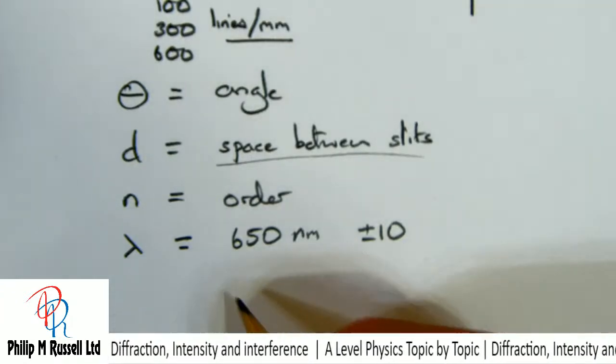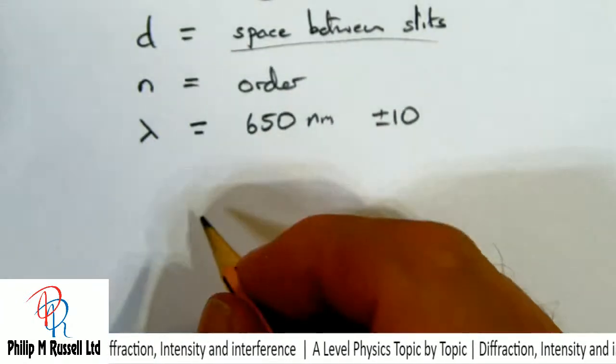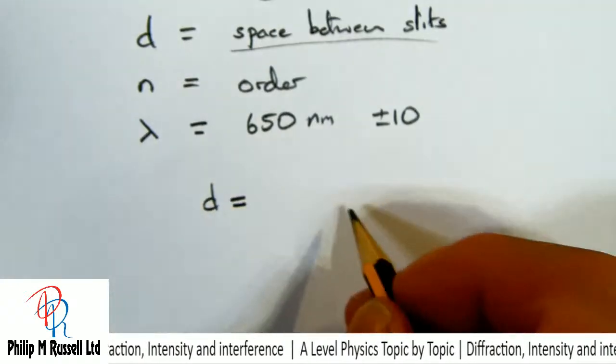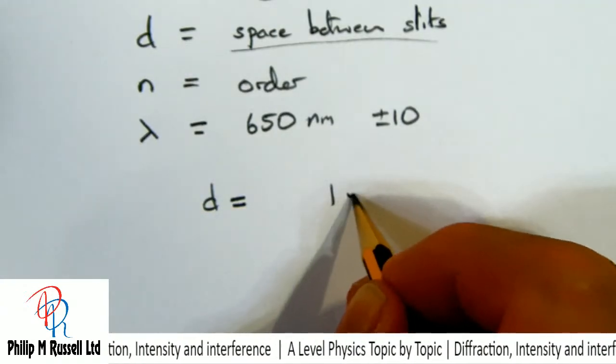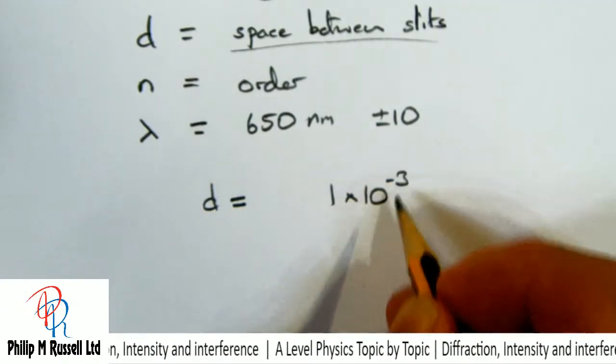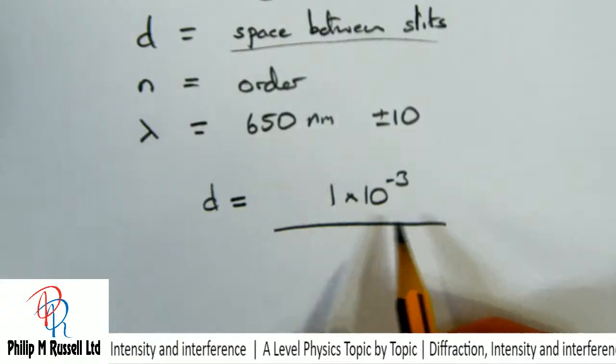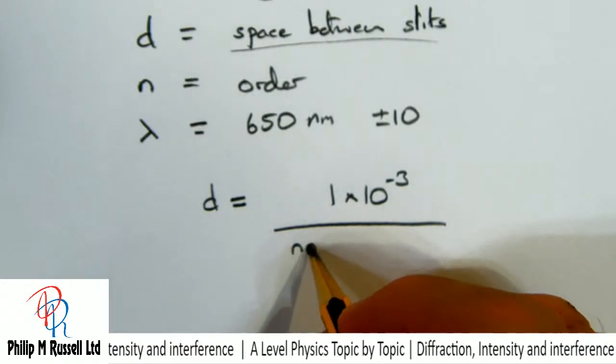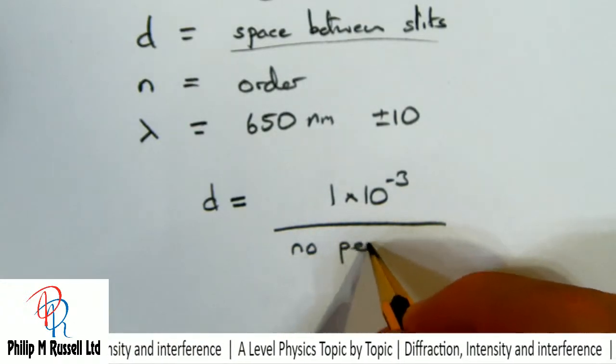So we can say that D is going to equal 1 times 10 to the minus 3 over the number per millimeter.